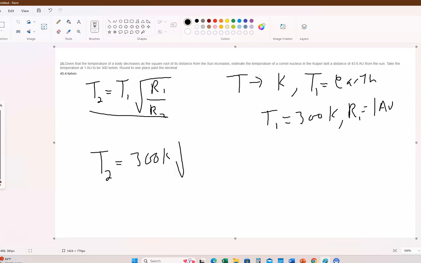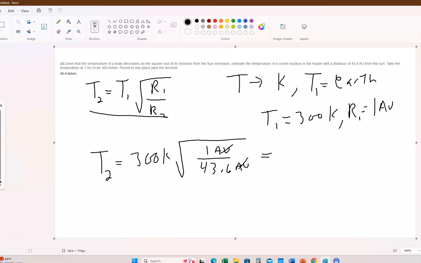times the square root of 1 astronomical unit divided by 43.6 astronomical units. And of course the AUs cancel.